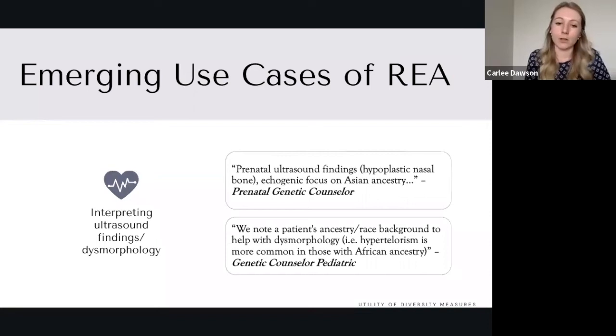And they provided the example of hypertelorism, which may be more common in those with African ancestry. And so while these quotes are sort of sharing how this information has been used for interpreting ultrasound findings or dysmorphology, we've also sort of thought about this as a way of racial stereotyping for patients as well.